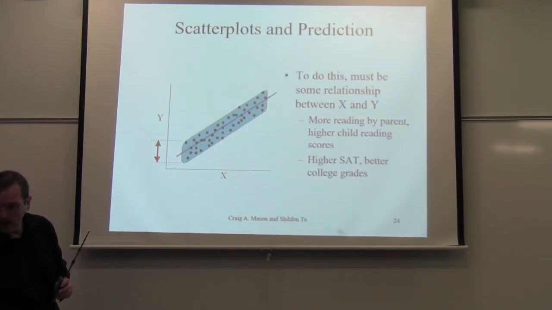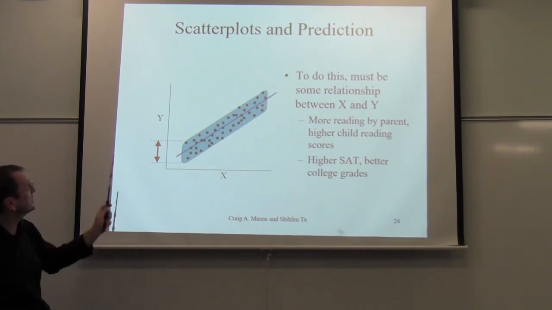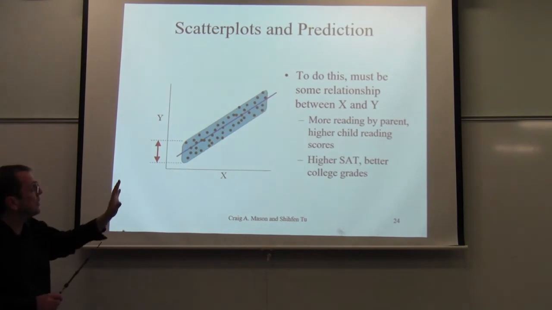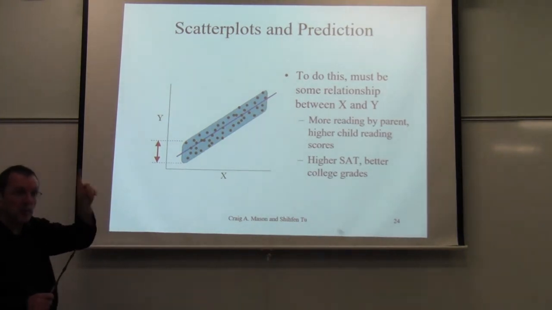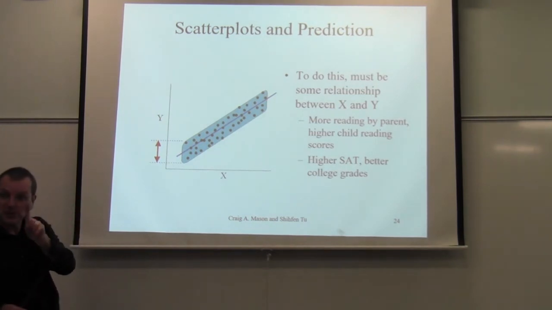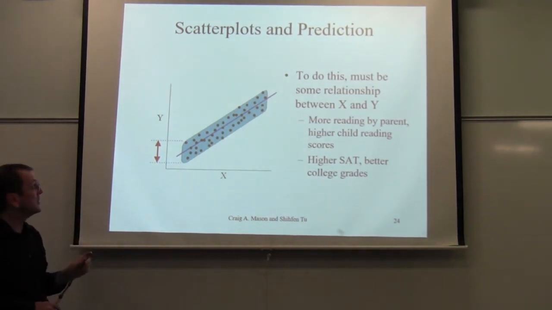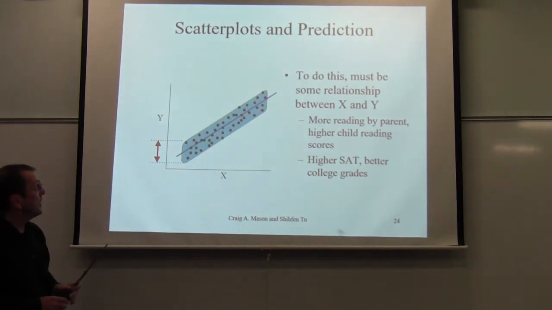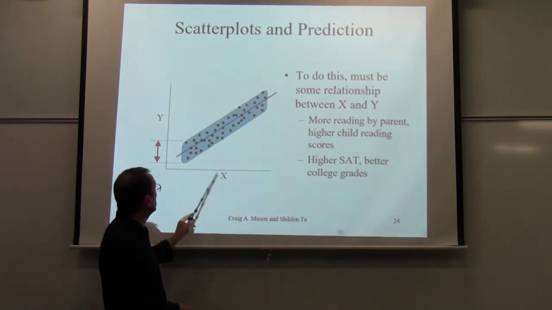Now, to do regression, let's look at how we do simple regression first. We'll start with one. People use the term simple regression, which just means there's only one independent variable, one predictor. So starting with simple regression, there has to be some relationship between x and y.